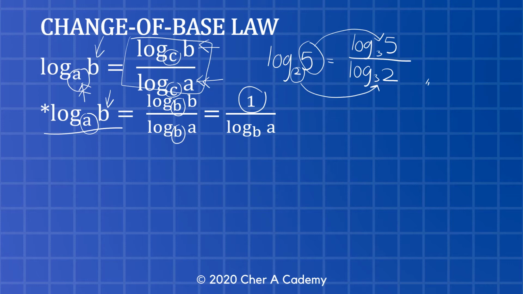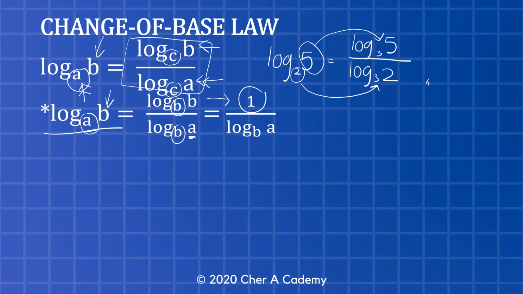So log base B of B will give me 1, and then log base B of A, which is the A from here, will be at the bottom. So instead of having a log over another log, I will have 1 over log base B of A.